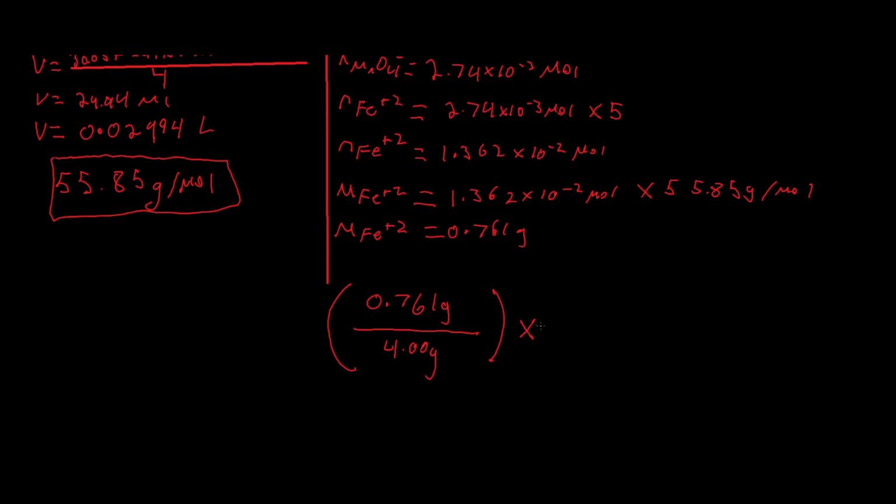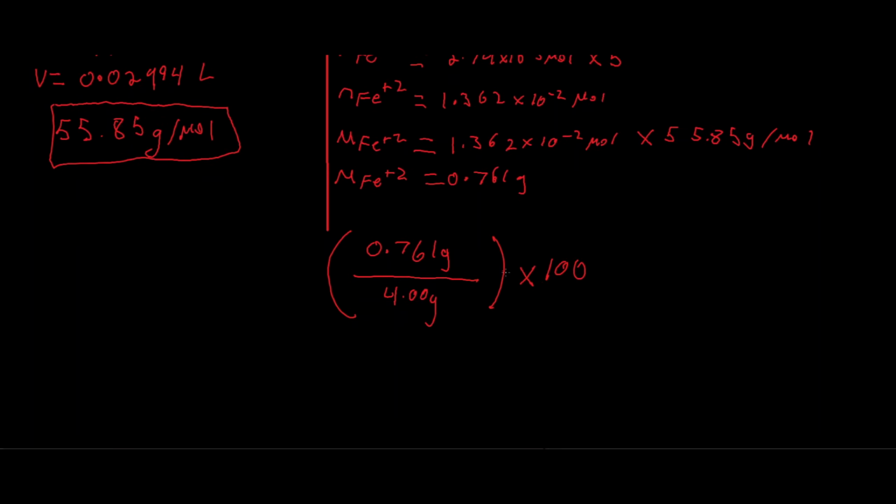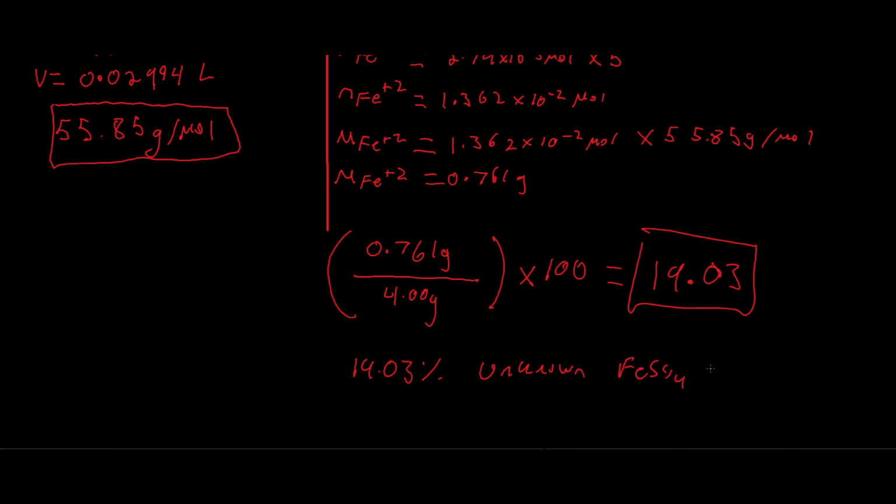And then we multiply it by 100, because it is a percent calculation. So, doing the math, this comes out to 19.03. What this number tells us is that 19.03% of our unknown iron sulfate solution is Fe+2.